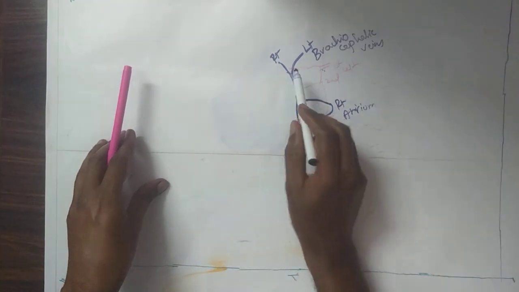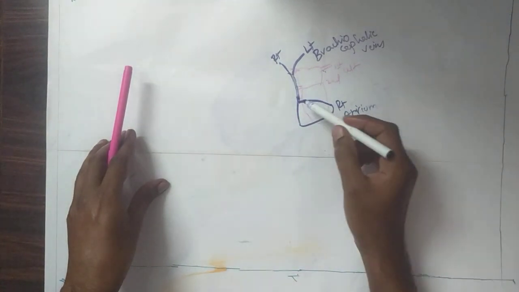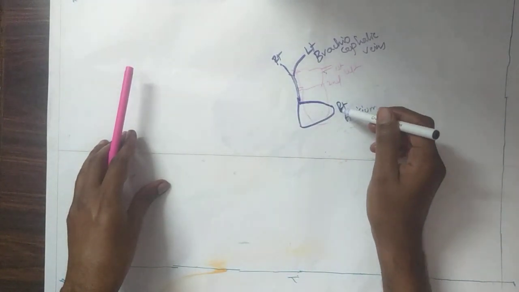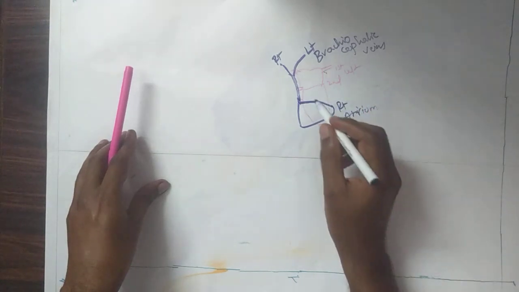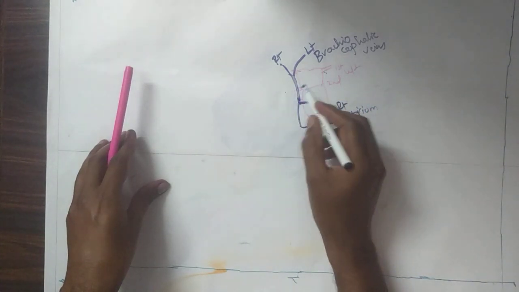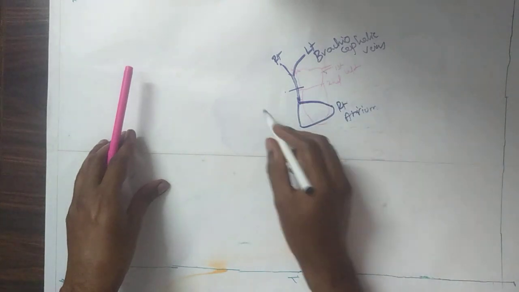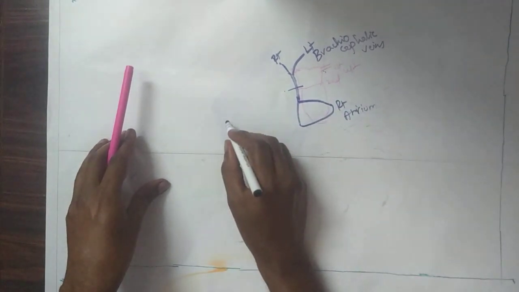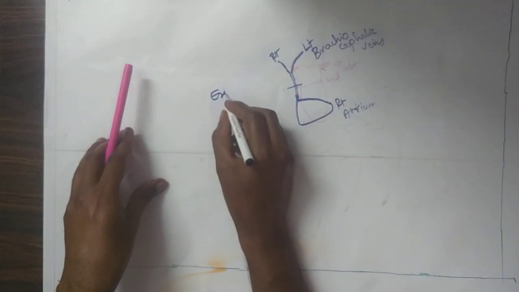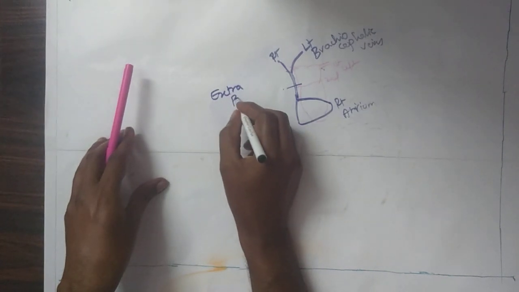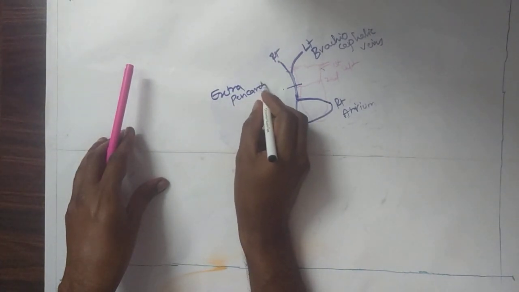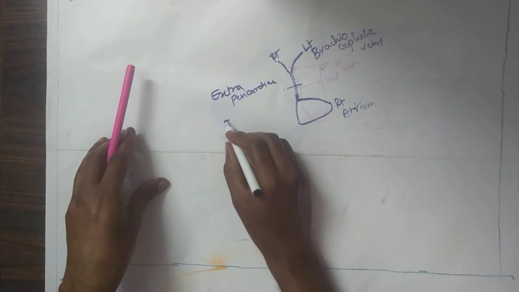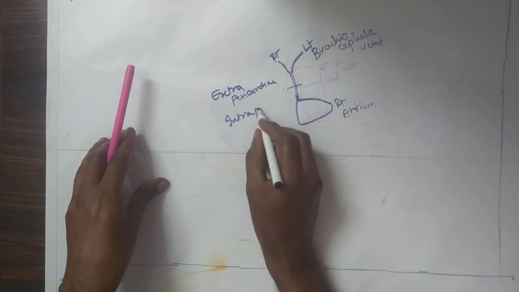So this is forming near the first costal cartilage and draining into the right atrium at the level of the third costal cartilage. So here you have two parts in this. One is inside the pericardium and one is outside the pericardium. Based on that you can say extra pericardiac part of this superior vena cava and intra pericardiac part.